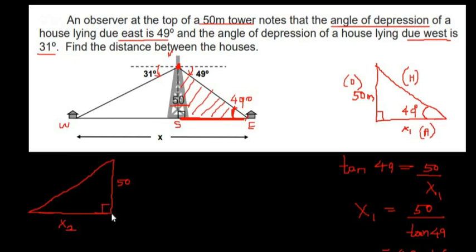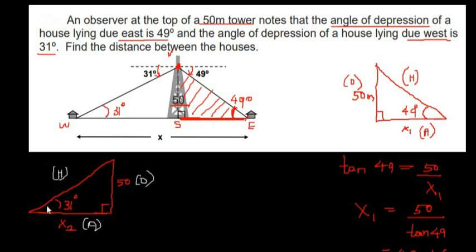This is making a 90-degree triangle, and since this is 31 degrees, again it is an alternate angle, so this is going to be 31 degrees as well. So let me write here 31 degrees. The next part is where we mark the opposite, hypotenuse and adjacent. So this is the hypotenuse, this is the opposite, and this is the adjacent.